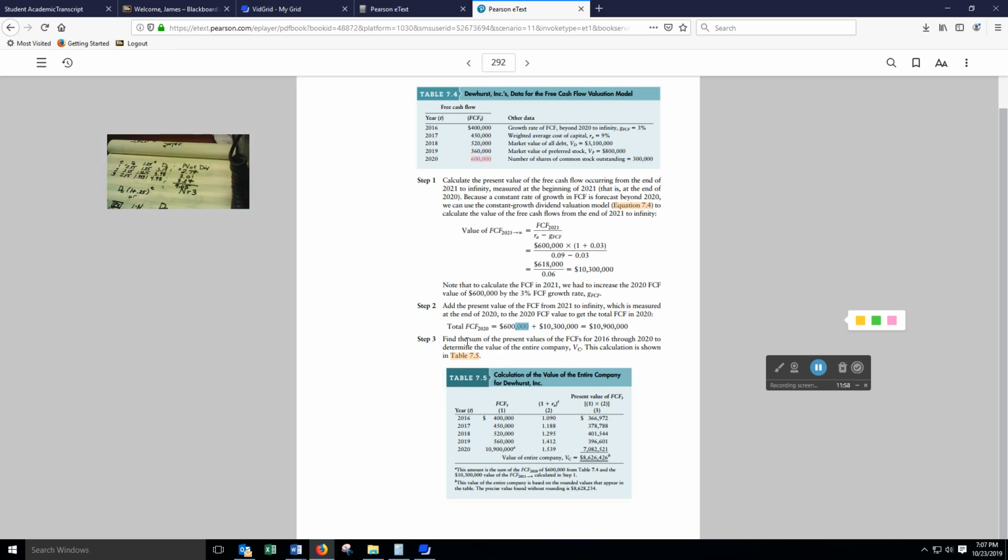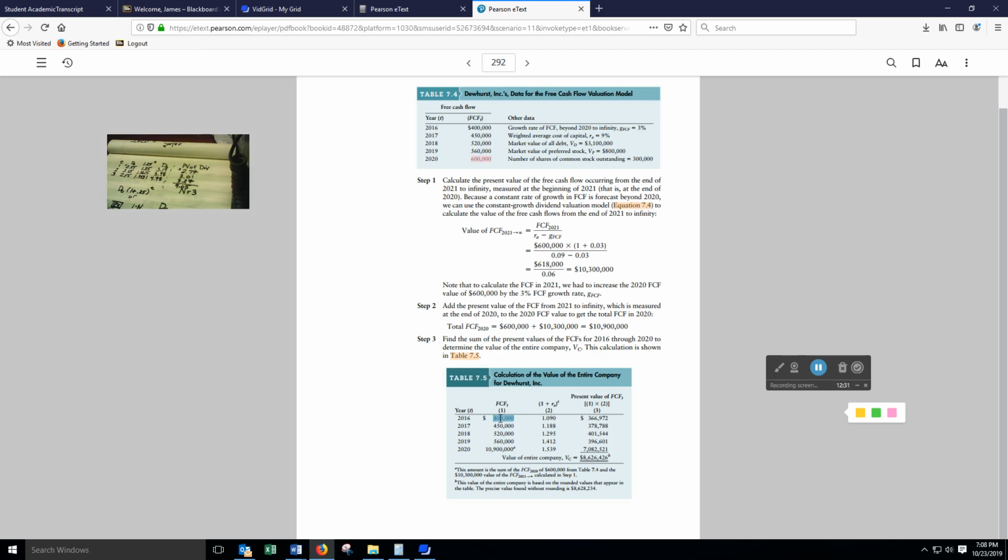Step 3, find the sum of the present values of the future cash flows for 2016 through 2020. So here we had $400,000 in free cash flows next year. We have to discount that by 1 plus the weighted average cost of capital, which is 1.09.